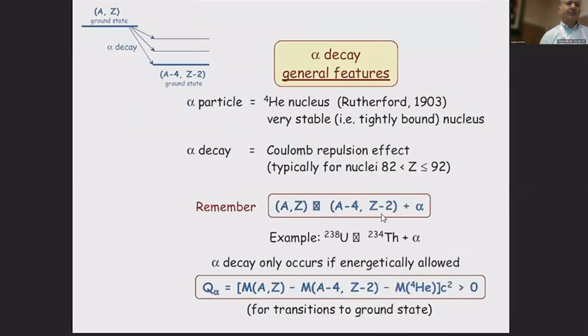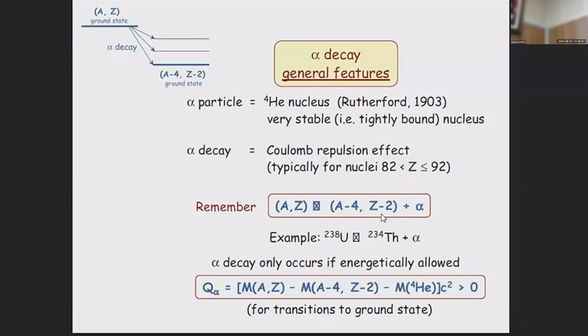When we look at alpha decay, basically an alpha is like a helium nucleus. That means we have 2 protons and 2 neutrons, and mass number is 4. Therefore, when a nucleus goes through alpha decay, the mass number changes by -4, as well as the atomic number changes by -2.